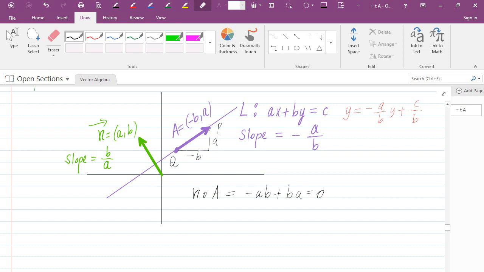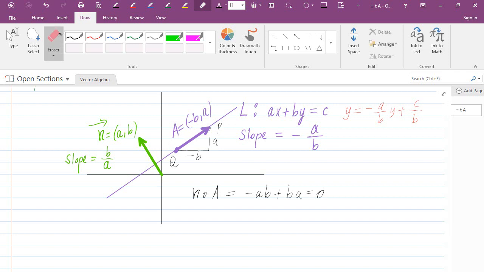In other words, the vector QP will be given by minus b comma a, which I'm labeling as A.